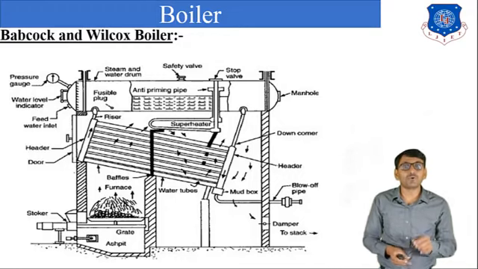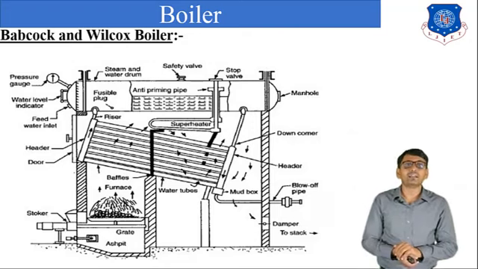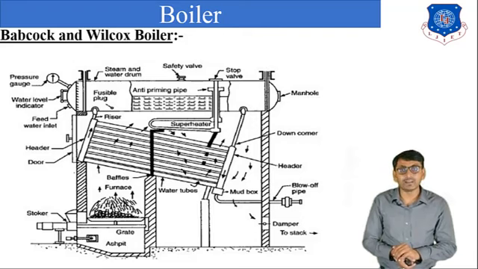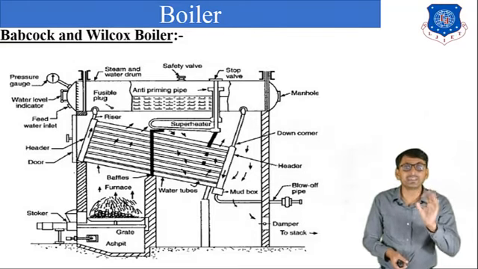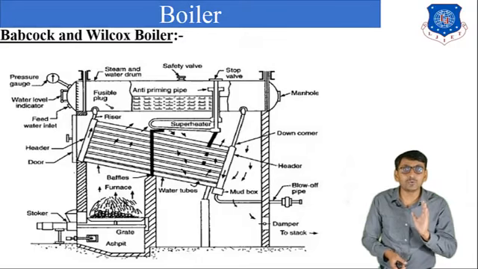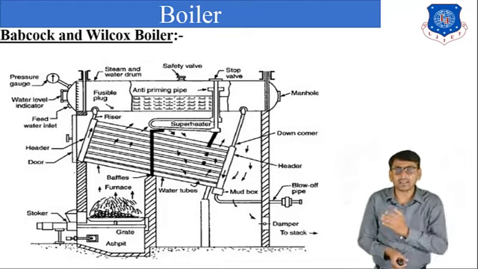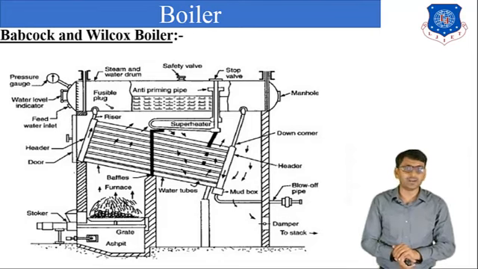So water from the drum is transferred into the tubes from the downtake header. Then due to heat transfer, this water is converted into steam, and this steam is transferred into the drum through the uptake header. So water is in the downtake header and steam is in the uptake header.